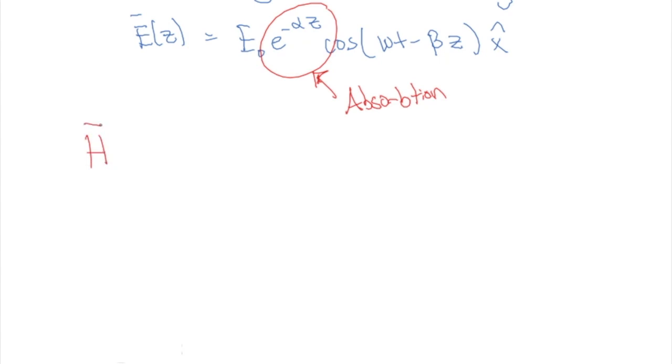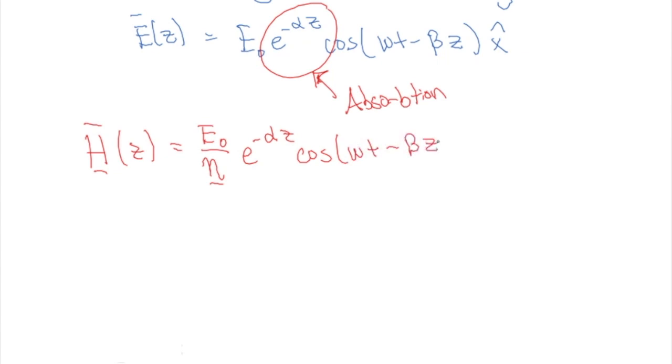Our H field, or our magnetic field, can be found similarly, and that equals the electric field over our impedance, which is now complex, times e to the power of negative αz times cosine(ωt minus βz) in the y-hat direction.